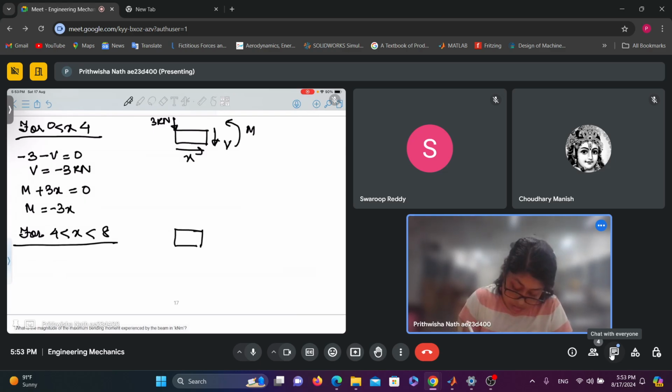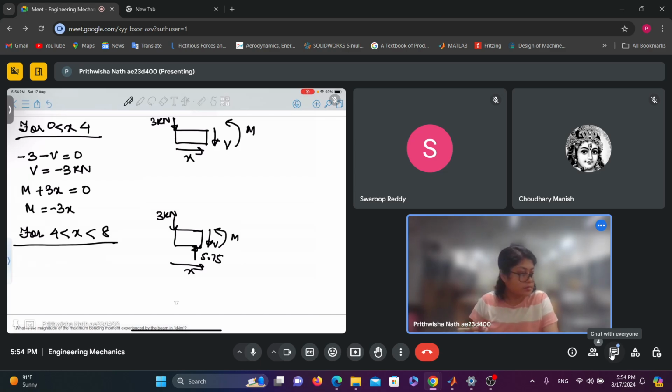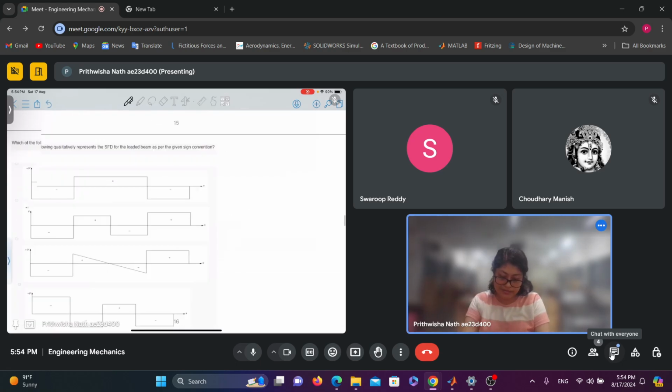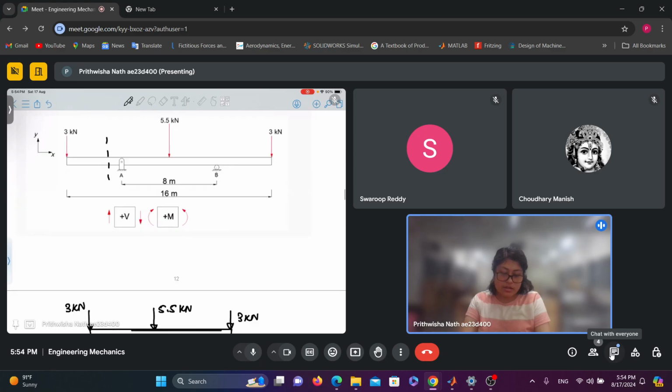So 3 kilonewton, 5.75, this is x, this is B. Can you tell me from the figure what this distance is?